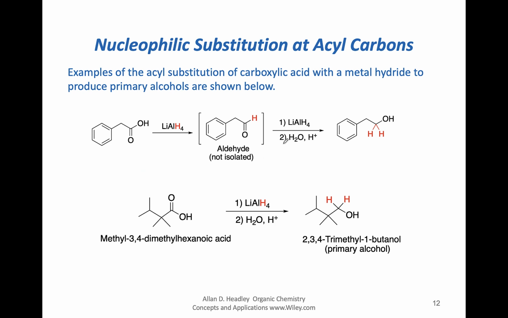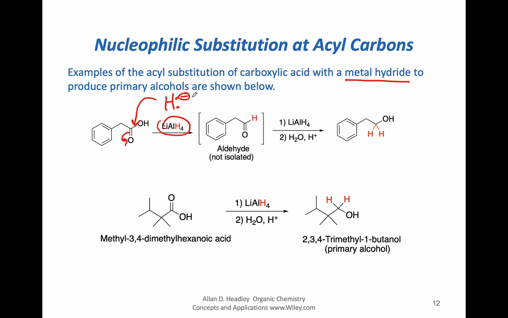Here's the reaction with a metal hydride. So here we have lithium aluminum hydride, which essentially provides H-. That's a hydride anion. As you can imagine, it's going to react here. And if it reacts here and these come out, we have a carbon that has two oxygens bonded to it.